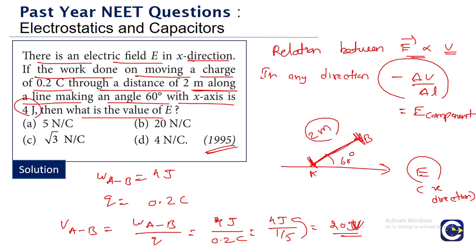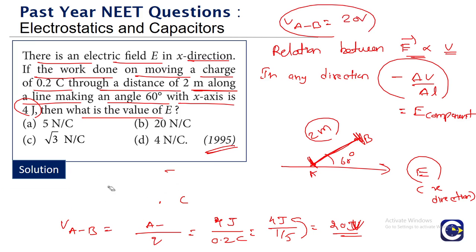What is it? Any direction. So we'll keep this. VAB, this is 20 volt. We'll keep this result. Any direction we move a distance delta L, then the electric field component in the direction is given by what? Minus delta V by delta L.